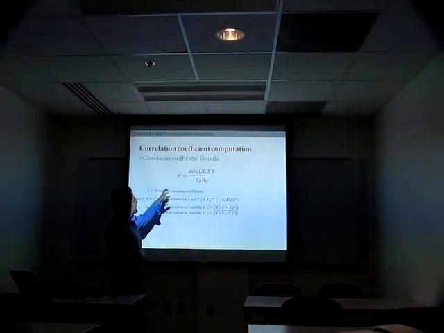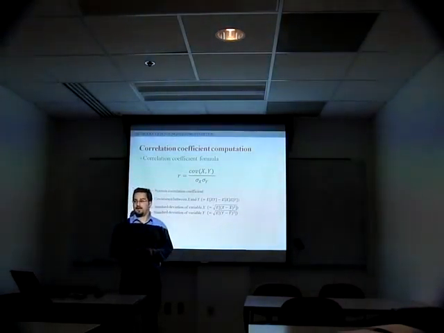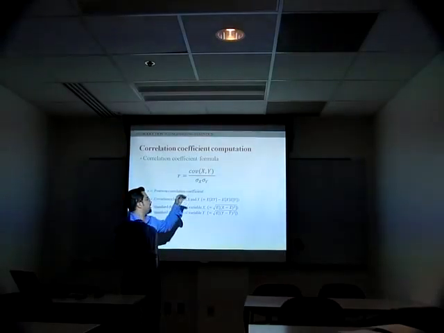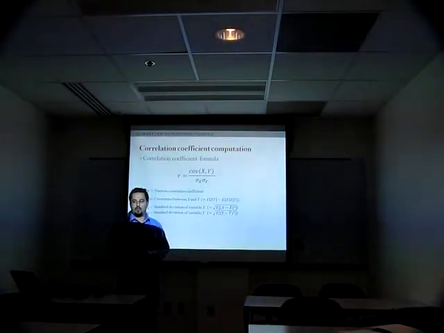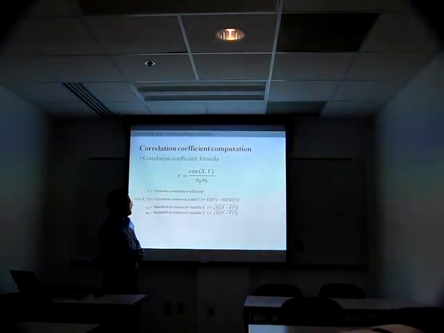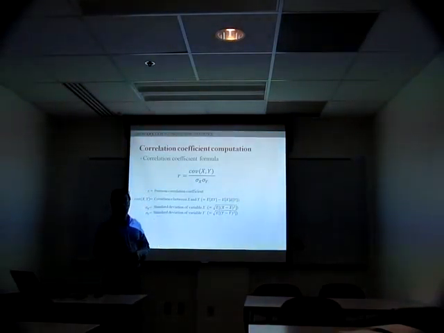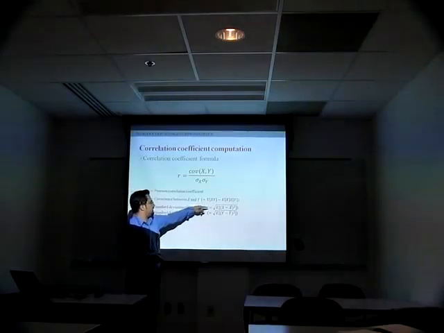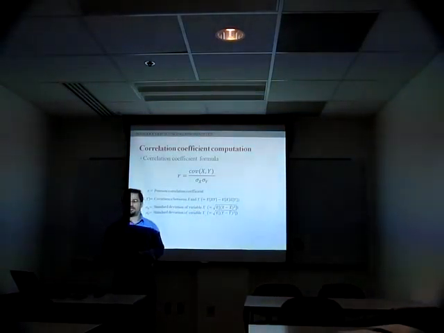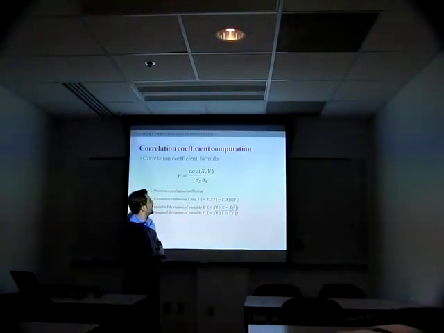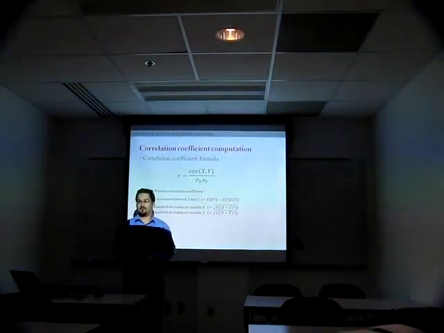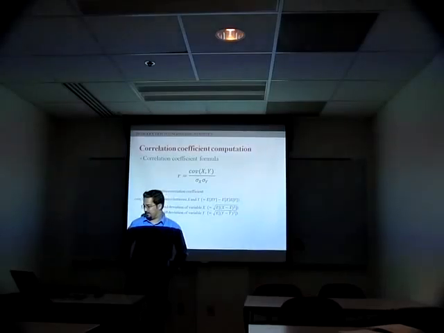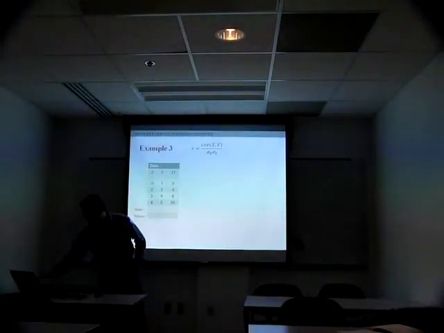It is basically defined as the covariance of x and y variables divided by the standard deviation of x times the standard deviation of y. Just for you to recall, I wrote the mathematical formulations of the covariance and standard deviation, but I'm sure you remember that because we talked about it in our previous sessions.